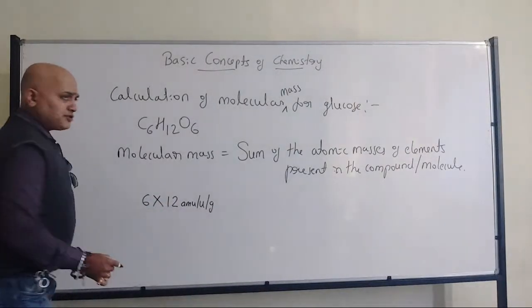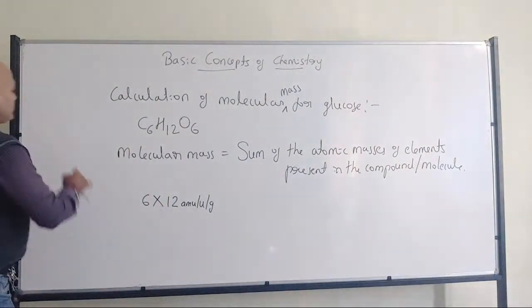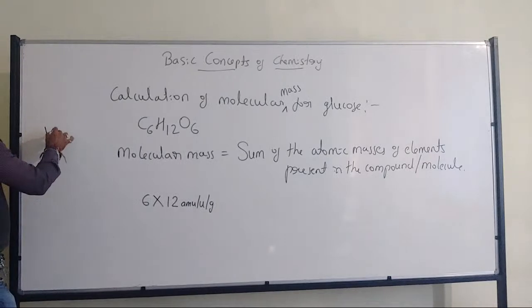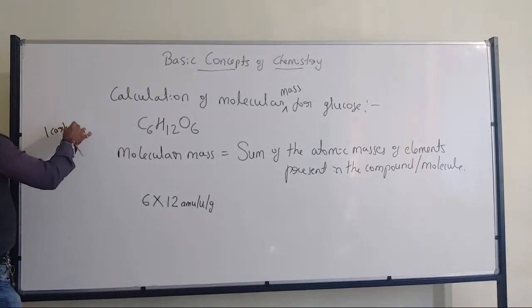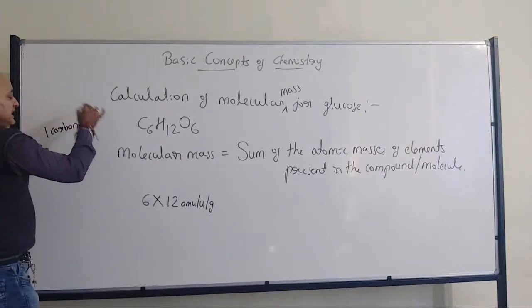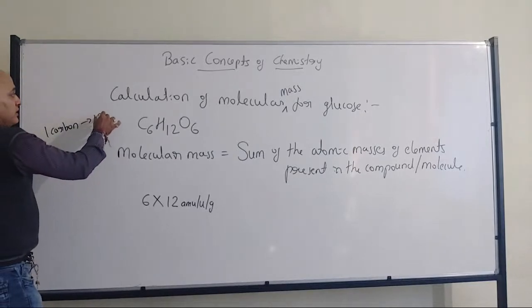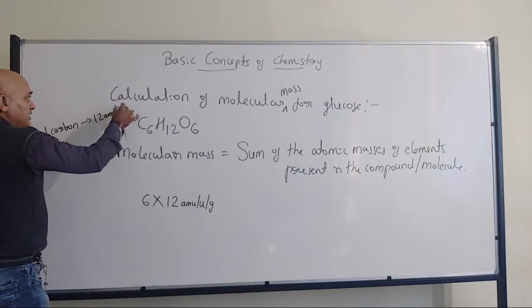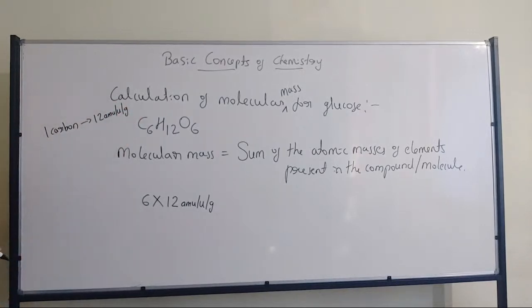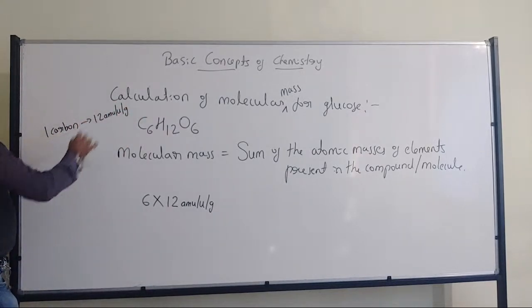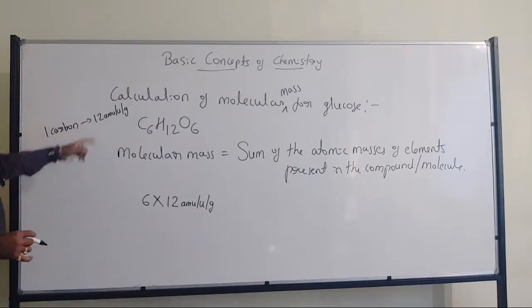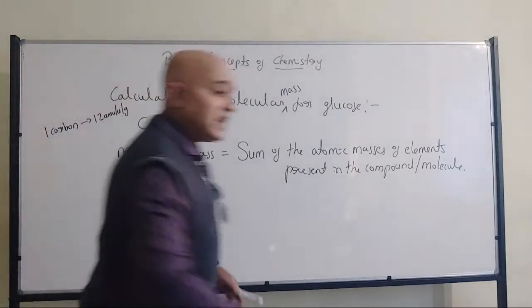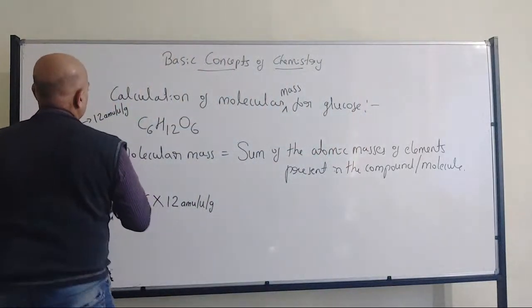So why 6 into 12? Because we know that one carbon atomic mass is 12 AMU or unified mass or gram. Okay. So that's where one carbon mass. If I am talking about one carbon, then I can omit the gram.